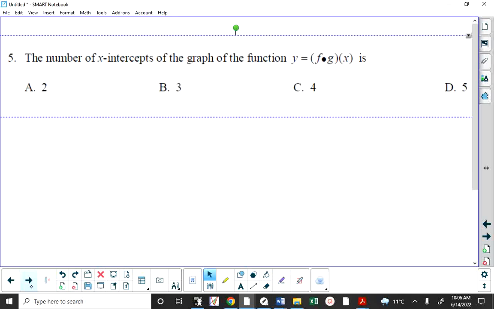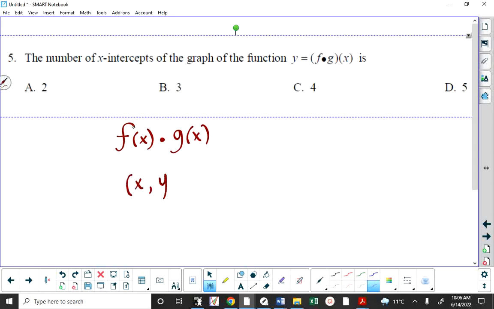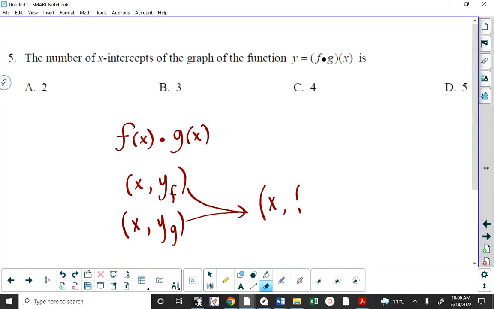So when I say I want to take f of x and multiply by g of x, what's happening is that individual points on the two graphs come together in some kind of union, which will look like this.